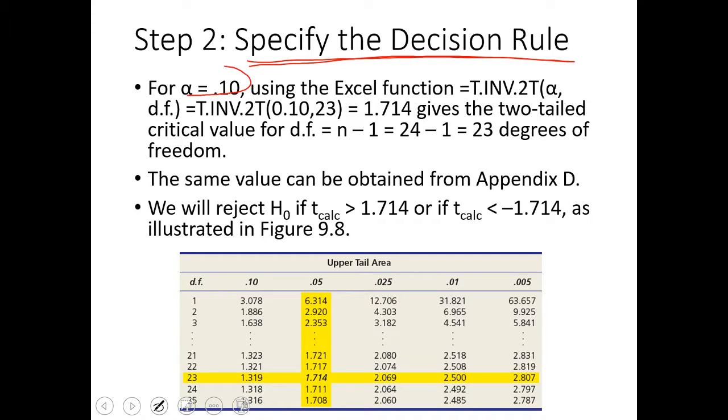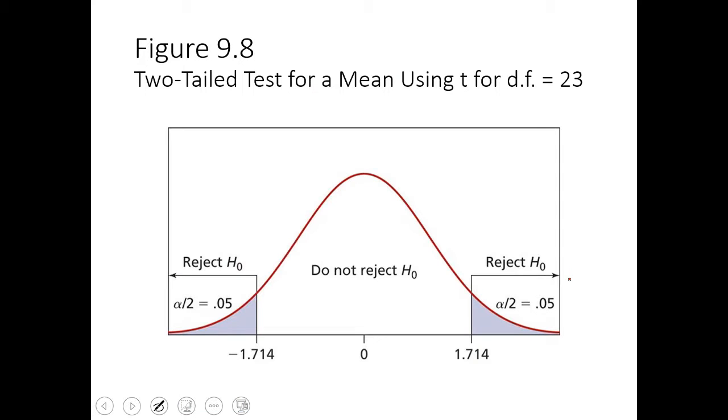Our level of significance is 10%. And if we calculate the critical value, then it is a two-tailed test.